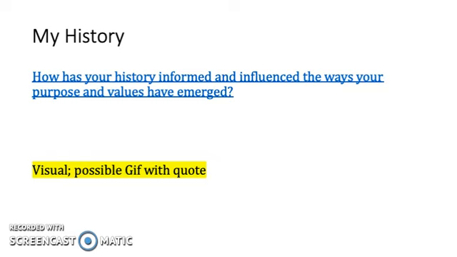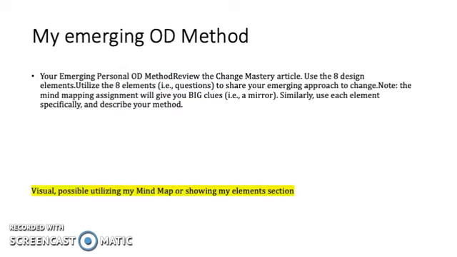But at the end of the day, I'm noticing that a lot of my history from school and work and how I was brought up set my values, and are also the driving factors for what I want to do and my why. I'm having a hard time developing my emerging OD.